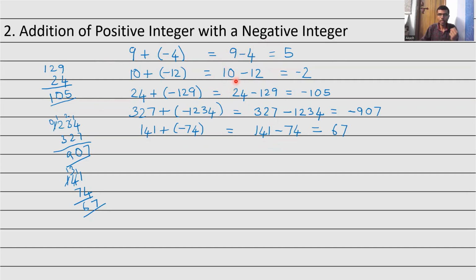And then compare the two integers, which is the greatest of the two. And then don't bother about the sign in between. It's already minus. Once you get into the standard form, then see which number is greater. If the number on the right is greater, the final answer is going to be negative.